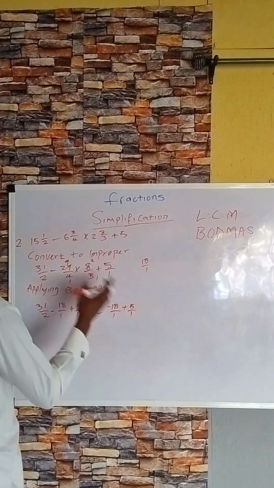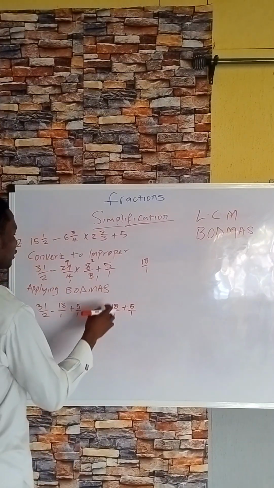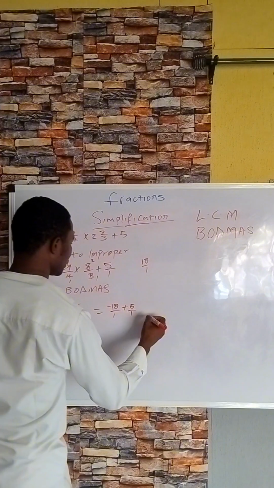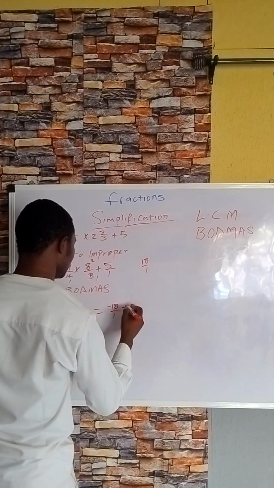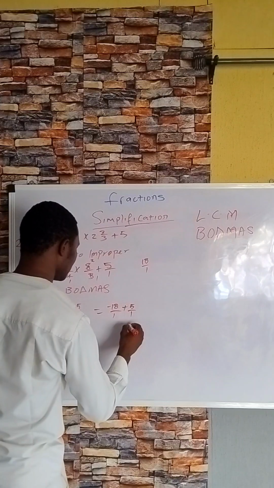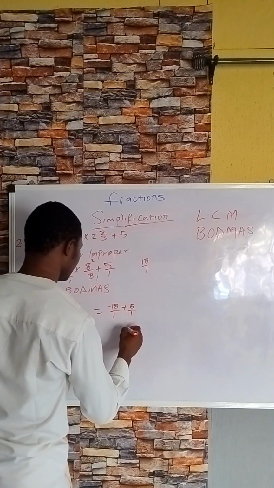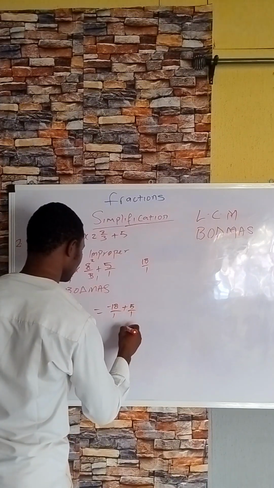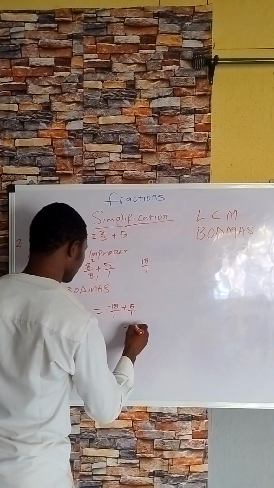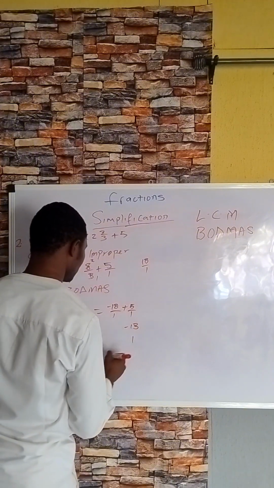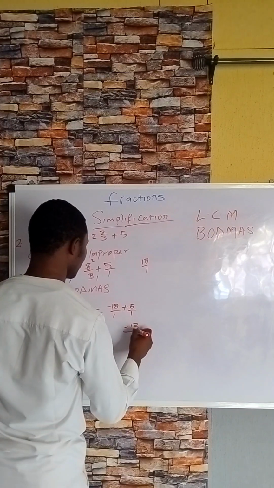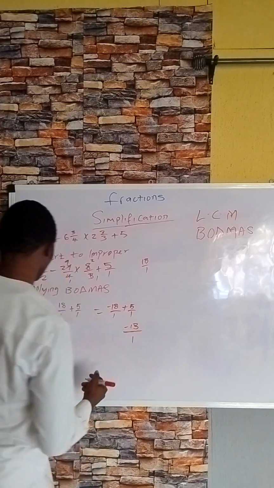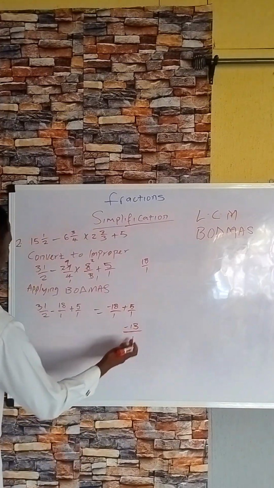The LCM of this is 1. So 1 into 1, 1. So this becomes 1 minus 18 plus 5 becomes minus 13. Minus 13 over 1.